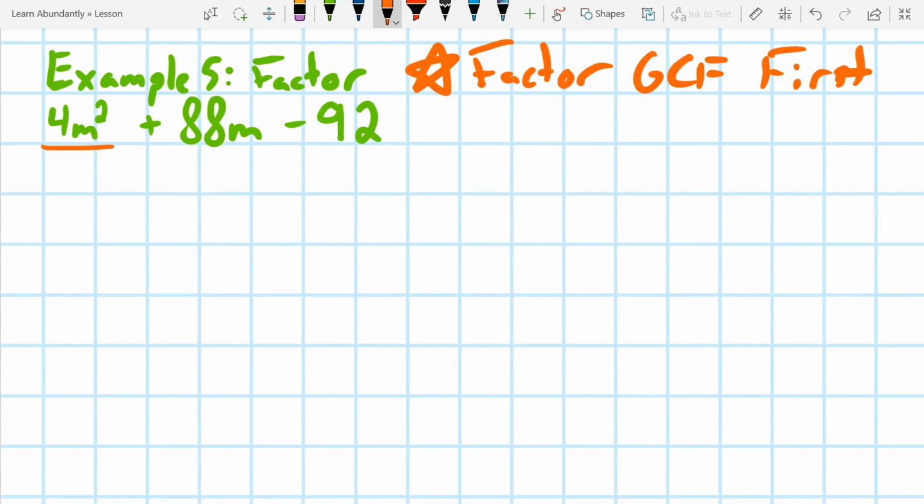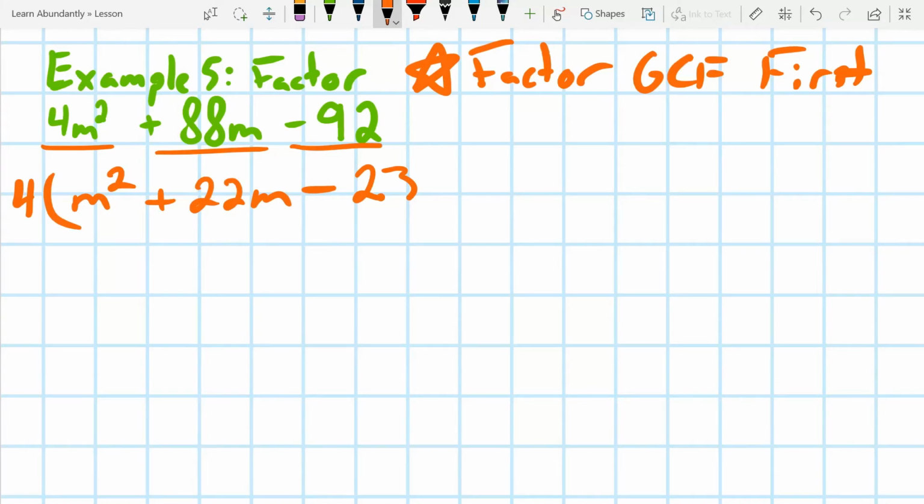So if I divide everything by 4, then I would end up with m squared plus 22m minus, what's 92 divided by 4? That's like 23. And now you'll notice that at first it had a lead coefficient, but it doesn't anymore.